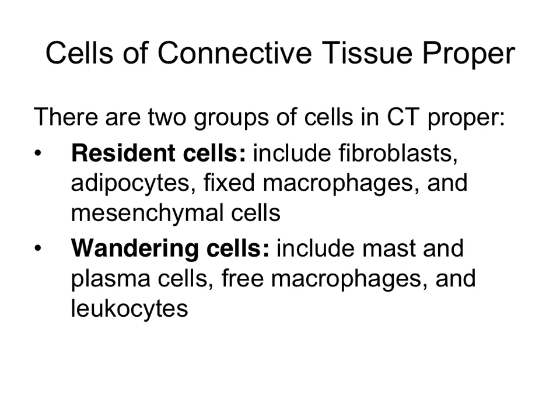So wandering cells, they move through the spaces, they repair extracellular matrix by moving, and they're active in your immune response. So here's your free macrophages, right? Your leukocytes, which are your white blood cells, your plasma cells, which include salts and, oh, I forget the name right now. I'll have to come back to it. Okay, so 2 types of cells.